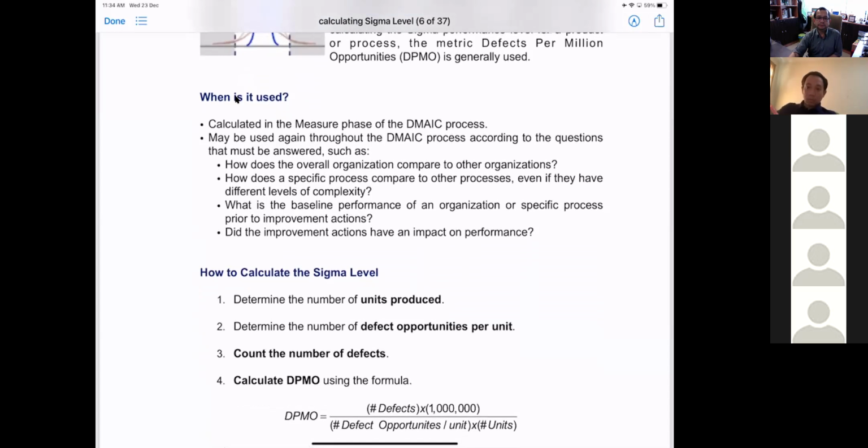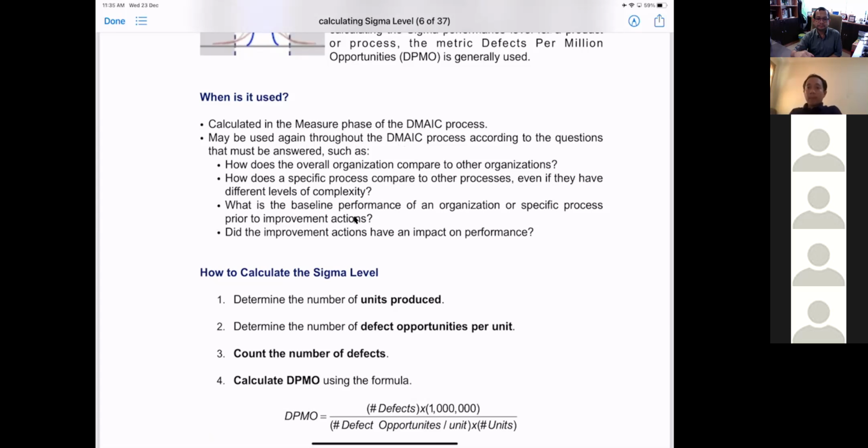When it is used, we calculate in the measure phase of the DMAIC process in the Six Sigma, maybe used again throughout the DMAIC process: define, measure, analyze, improve, and control in the Six Sigma and so on.